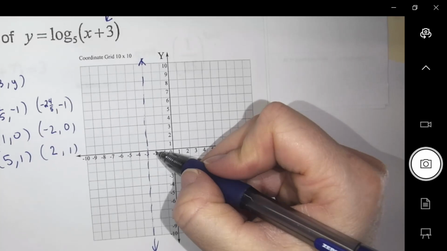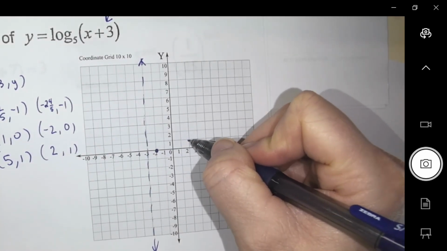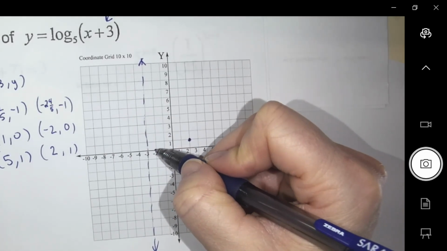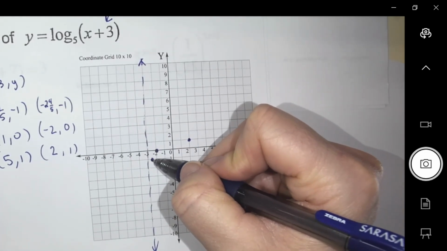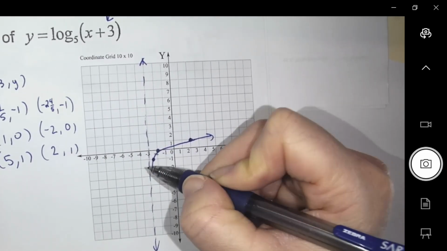Okay, graph those 3 points, and obviously they should make sense. And you kind of understand the basic shape of a log.